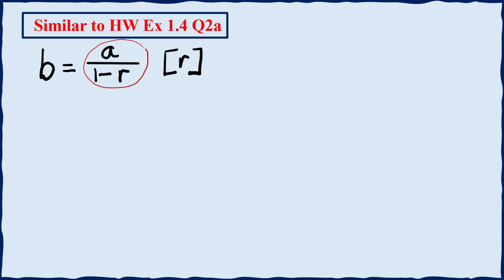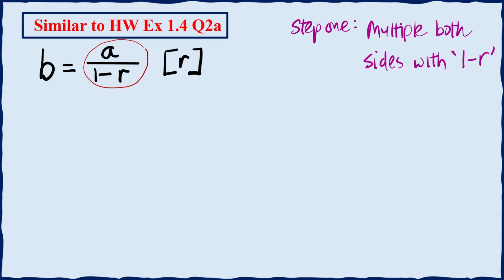So step number 1, we're just going to make it a non-fraction. To do that, we just multiply with 1 minus r on both sides. Just recall, earlier on we have 3/4. And to make 3/4 a whole number, we multiply with 4. We multiply with the denominator. And so the 4 and the 4 can cancel off.